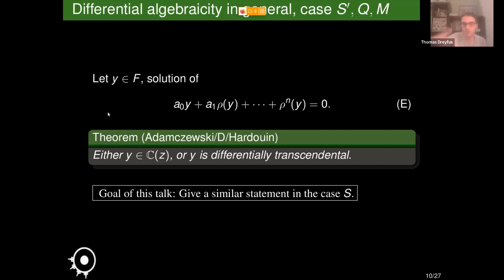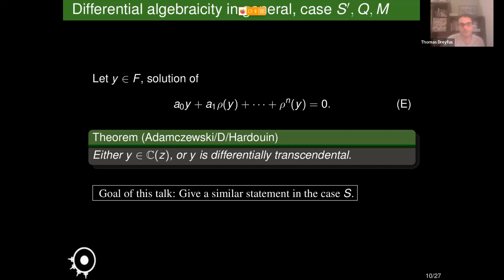For instance, in the Mahler case, you want to avoid the fact that F could have a logarithm inside. In the shift case, you want to avoid the exponential. This is the reason why, with Charlotte Ardouin and Boris Adamczewski, we consider formal series at infinity. You have no exponential in that.